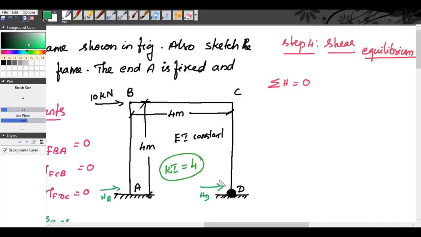So now, since sigma H is equal to 0, that is a summation of all the horizontal loads is equal to 0, implies HA plus HD plus 10 is equal to 0. So this is our equation number 10.